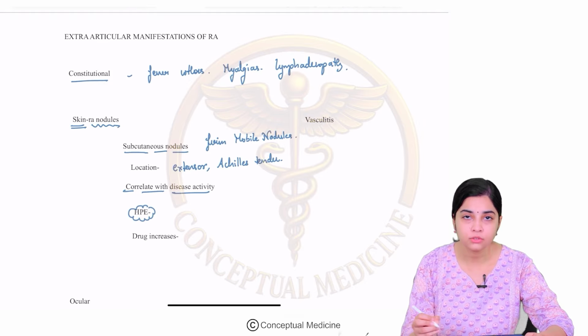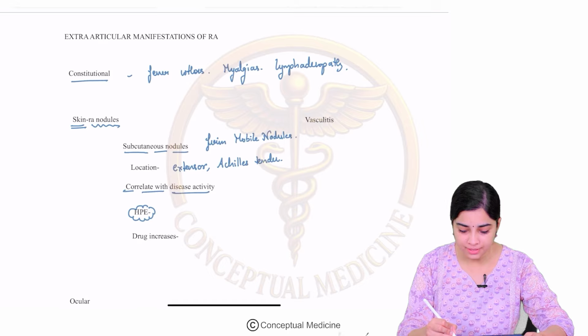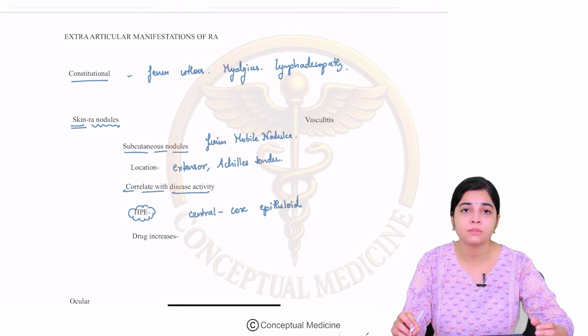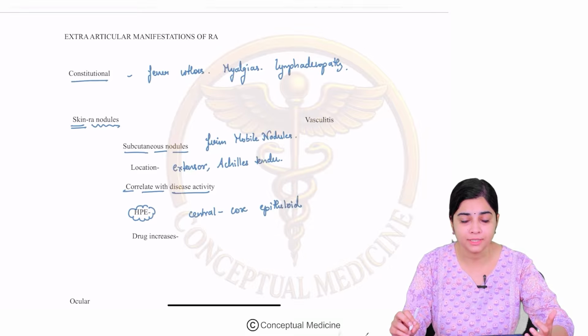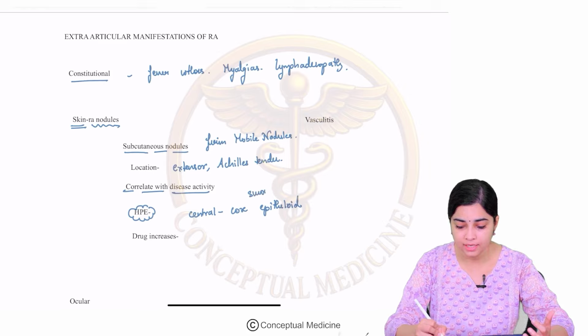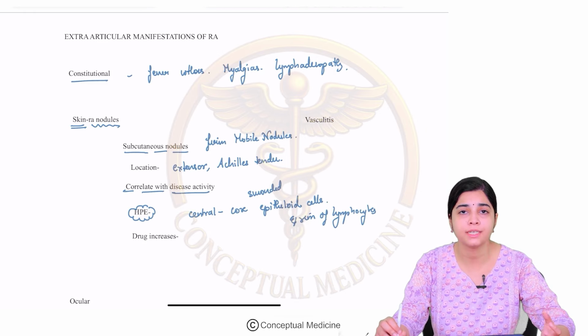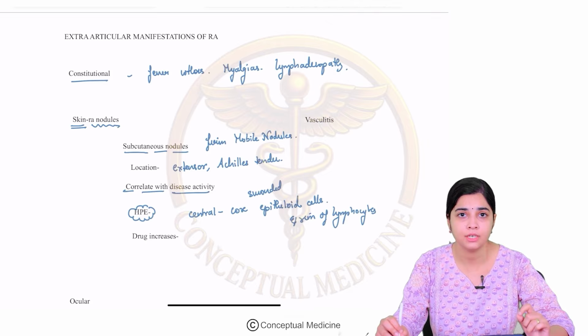Histopathologically, how will the nodules appear? The nodules will comprise a central core, which predominantly comprises a lot of eosinophilic material, surrounded by epithelioid cells and a rim of lymphocytes.